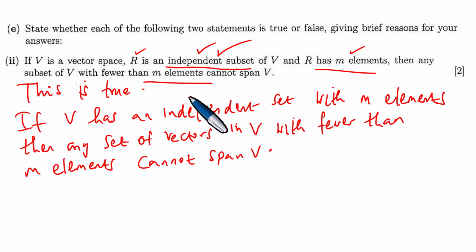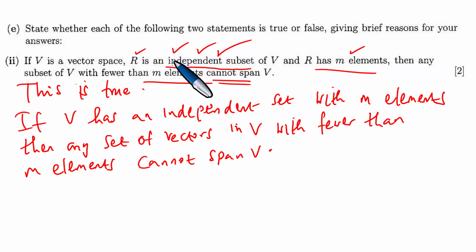So if you have a linearly independent set, in other words, if V has a linearly independent set, because V is the vector space with all the vectors, and now you take a subset of V that is linearly independent with M elements, then any subset of V with fewer than M elements cannot span V. It can't span it because V is already spanned by a set with M elements that is linearly independent.